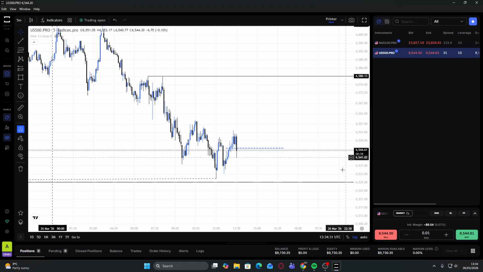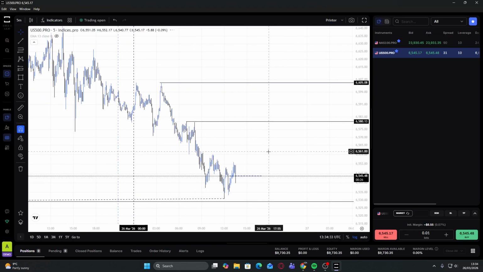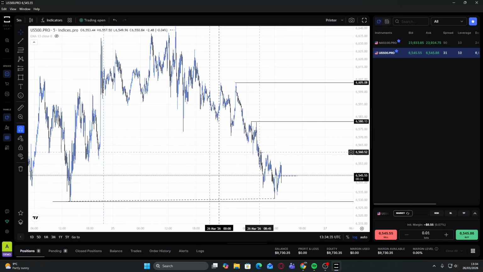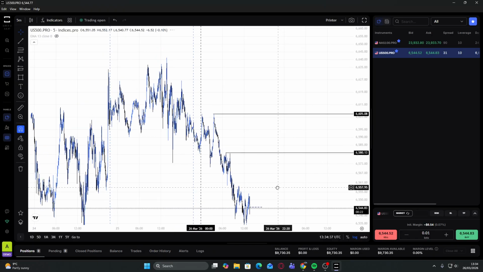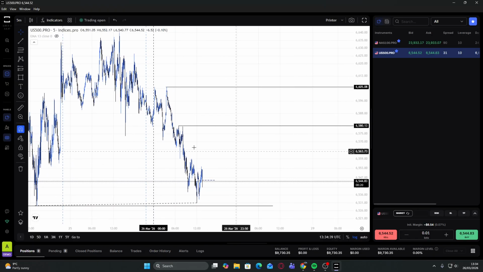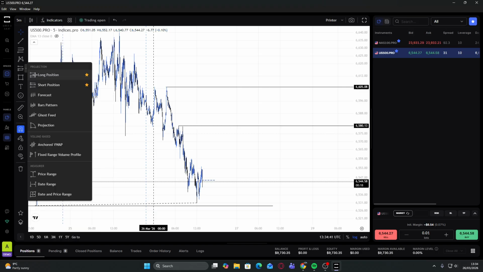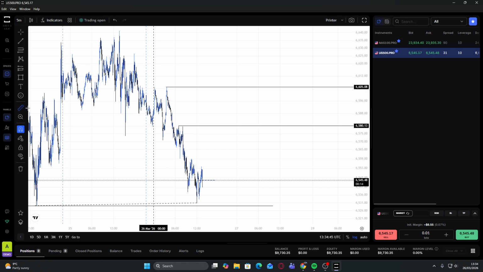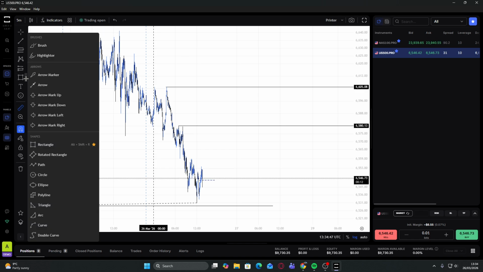I think we're at least gonna go up for equilibrium. Surely we go up for equilibrium off of a sweep like that, for sure.